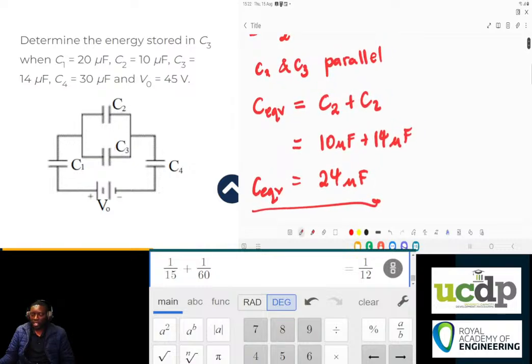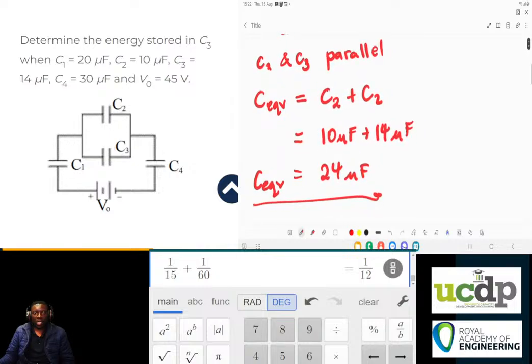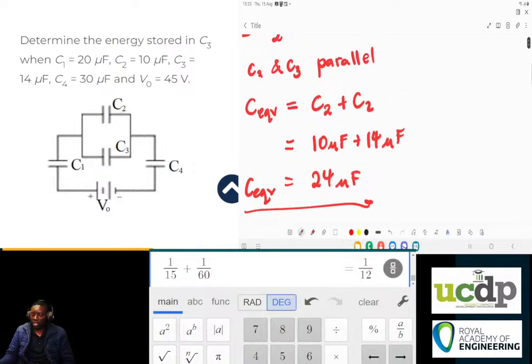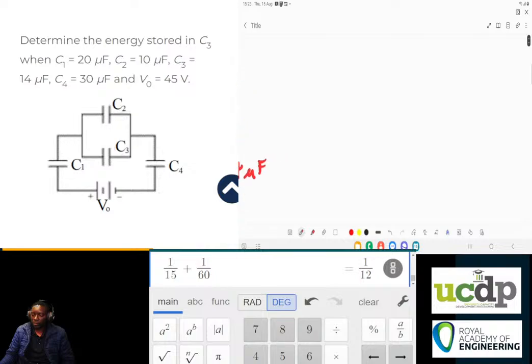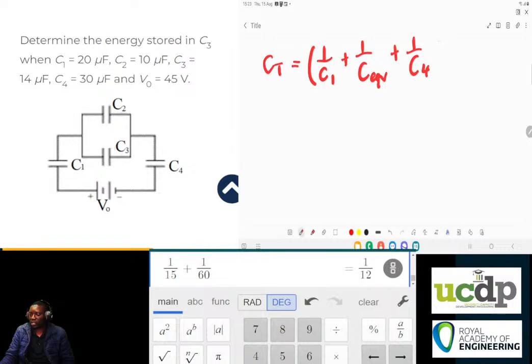Then from there, we have C1 and C4. So with C1, C4, and the equivalent capacitance, the total capacitance will be the inverse of 1 over C1 plus 1 over the equivalent we have calculated, plus 1 over C4.